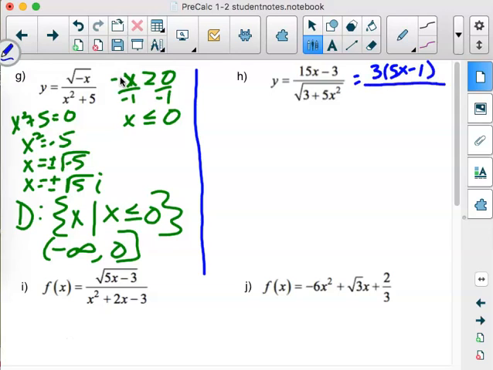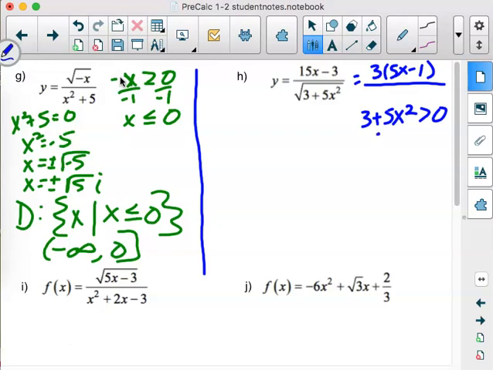But there's no way that I am going to see the same factor in the denominator, so we're not going to have a hole. So our time needs to be spent right here. 3 plus 5x squared needs to be greater than, oh wait, can't be equal to. Remember, that's what happens whenever we talk about having our square root in the denominator.